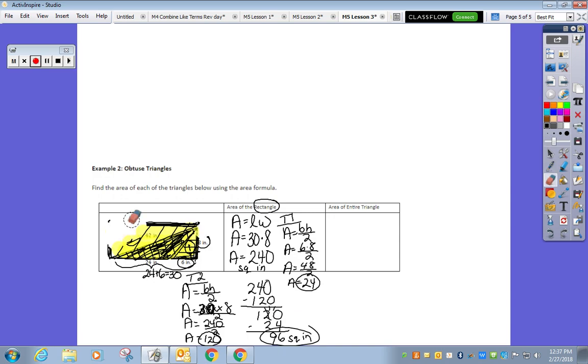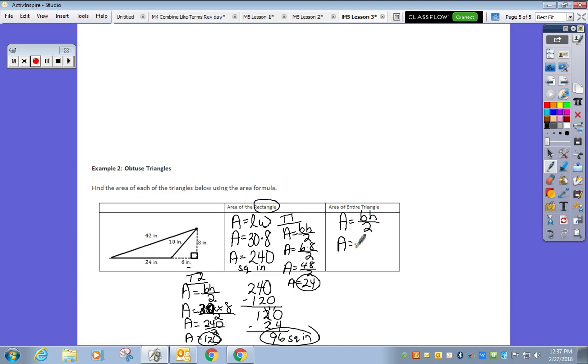Now we're going to see if it would work just with the formula for the triangle, base times height divided by 2. What's important here is our base is only what's part of the triangle, so just the 24. Our height is what we're getting from that imaginary line drawn outside.